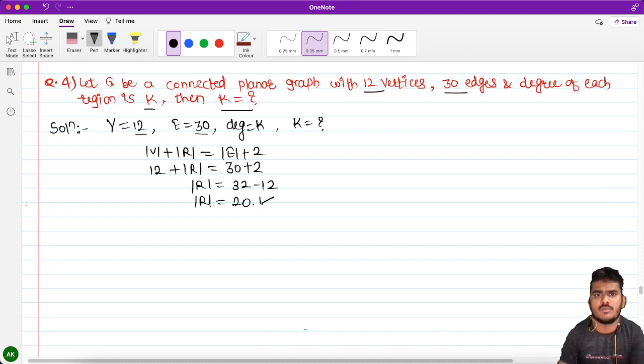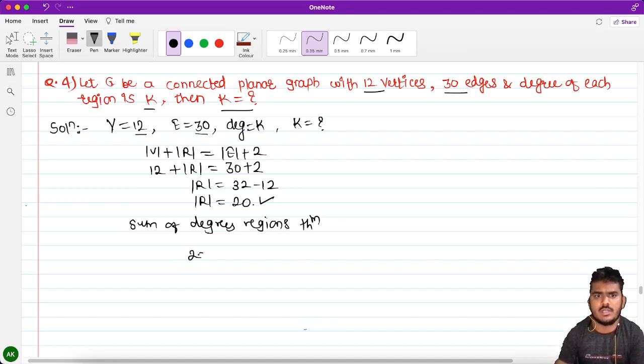Once we have the number of regions, we can calculate the value of k. So by the sum of degrees of regions theorem, we can write the formula.